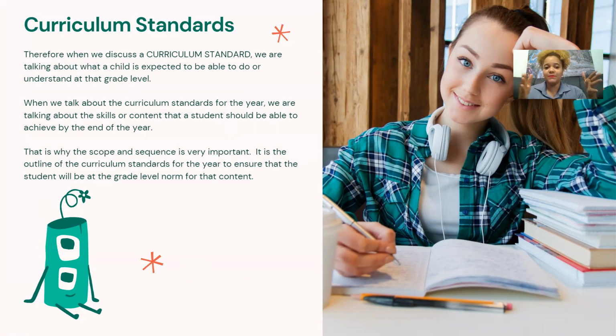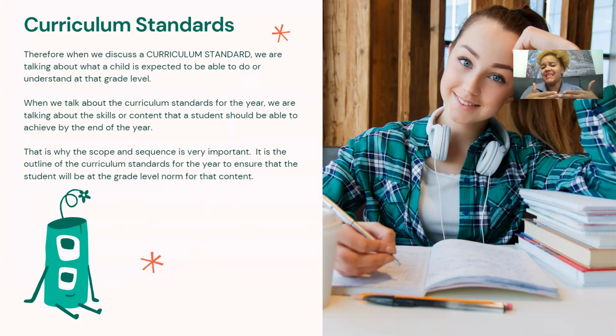So a curriculum standard is really what a child is expected to be able to do or understand at that level. A third grade curriculum standard is a third grade baseline.